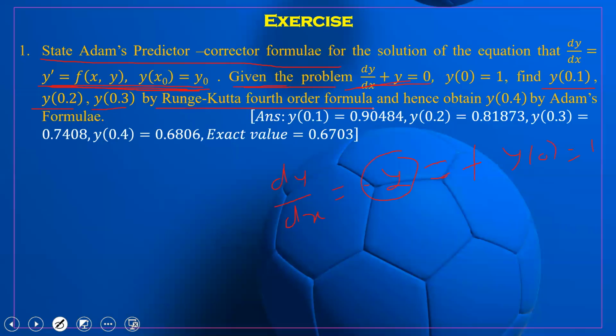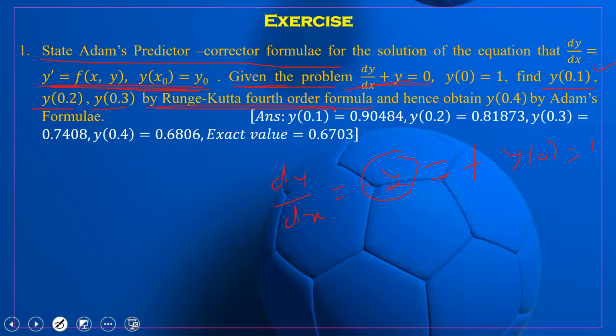Sometimes this question will come in the exam. So the values of y at 0.1, y at 0.2 or y at 0.3 will be given, or we have to find them with the help of this method. Sometimes this method will also change; it will be Euler's modified method or Euler's method.